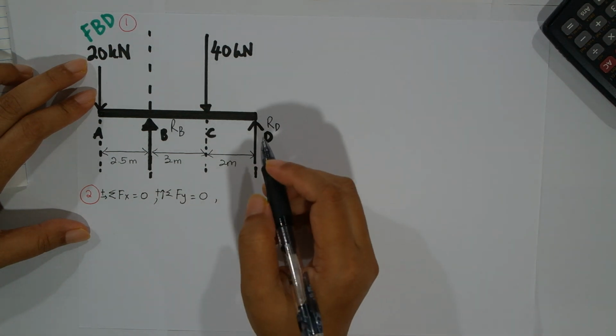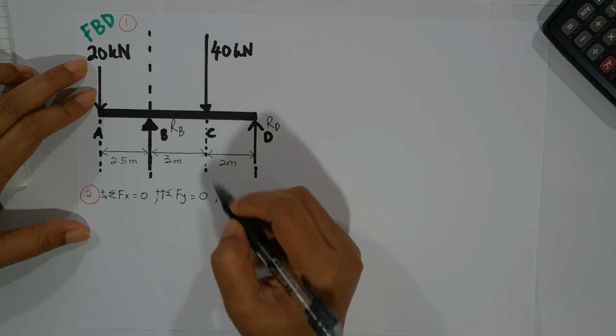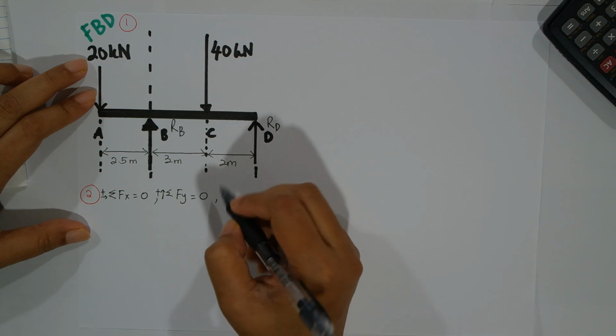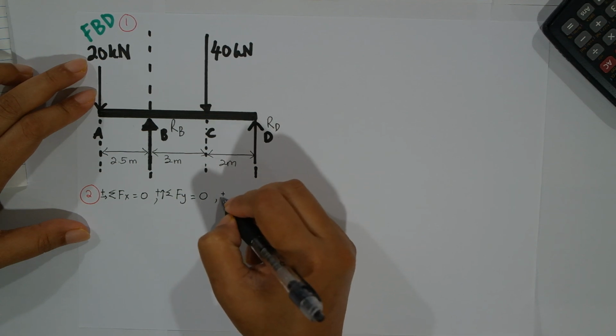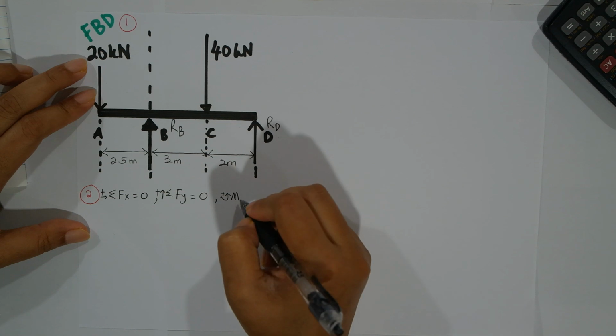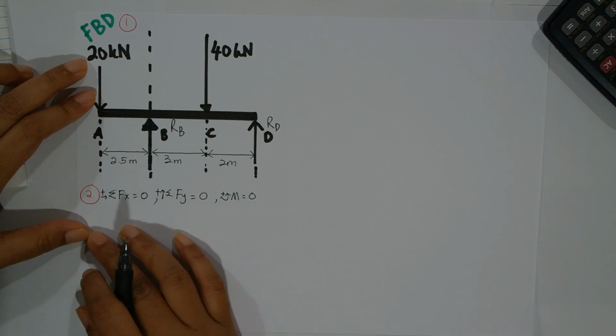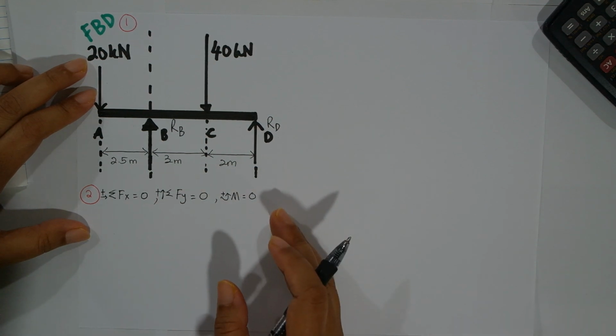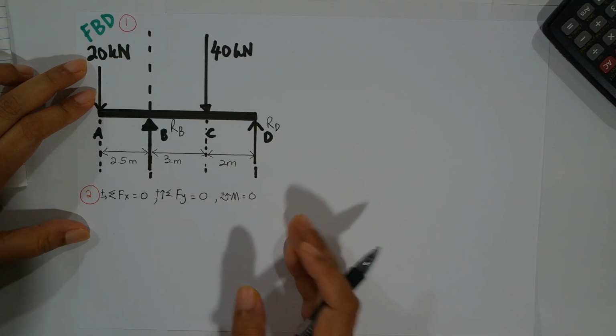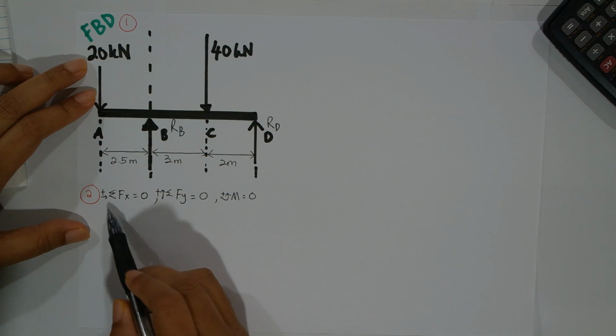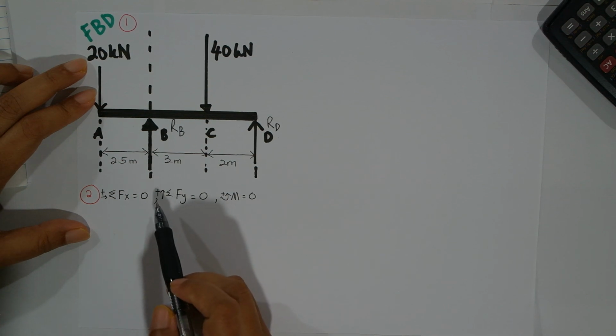And remember from the reactions chapter you studied with Dr. Dayang, the summation of moment about a point must be equal to 0 as well. When you are doing shear force and bending moment calculation, Fx will not be counted because we are not interested in Fx.